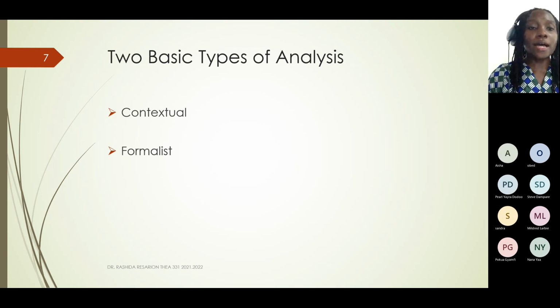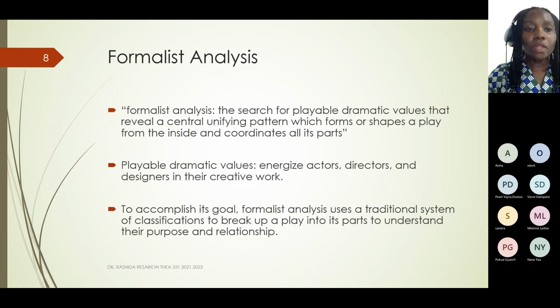So, based on whether you are reading it as a critic or you are reading it for theatrical production, there are two basic types of analysis that you would do. Either you are doing a contextual analysis or a formalist analysis. Now, the formalist analysis is basically a close reading of the text by looking at the various elements of the text.